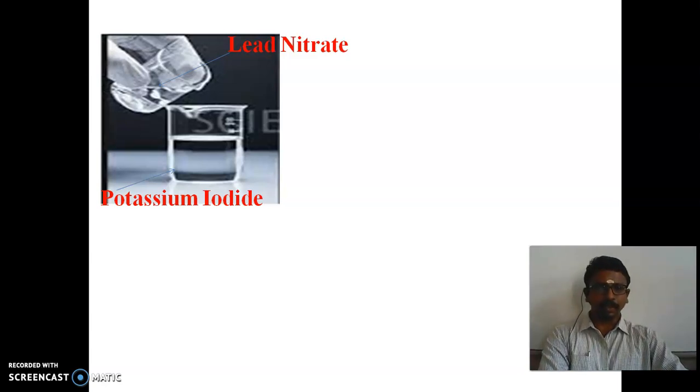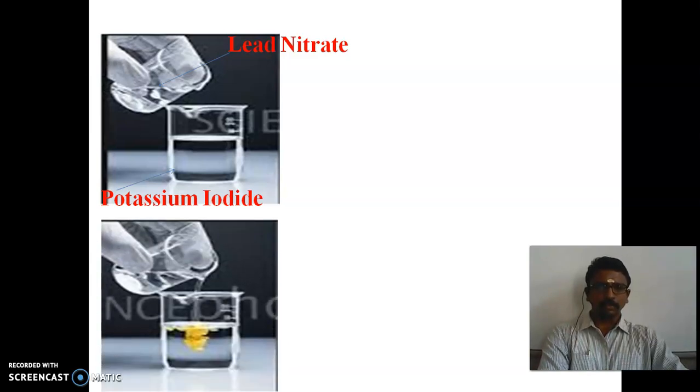Then the formula for lead nitrate is Pb(NO3)2. We transfer the lead nitrate solution to the potassium iodide. Before that, the color of potassium iodide is colorless, and lead nitrate is also a colorless solution.